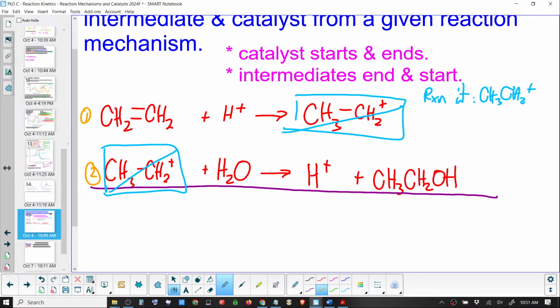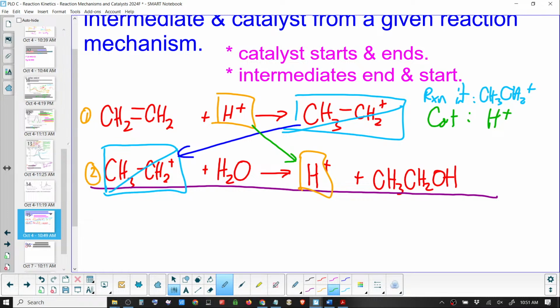And you notice one of the key differences is that instead of being made and then used up, it appears as if from nowhere, is used up, and then is pulled back out again. What is that? Catalyst. H+ is a very common catalyst for a lot of reactions.